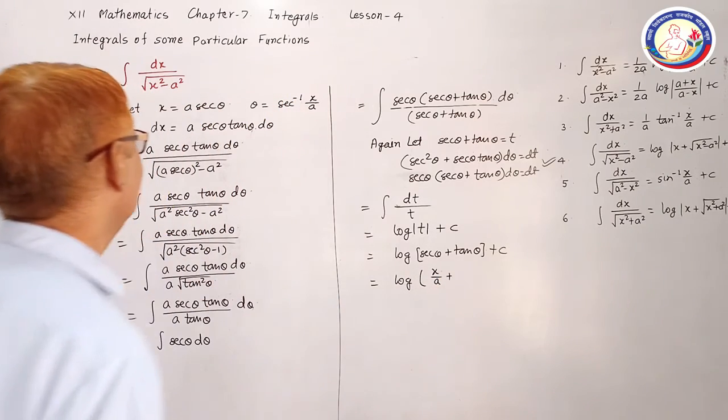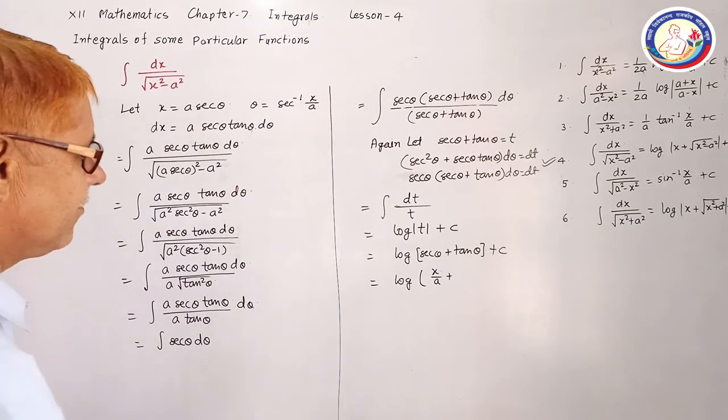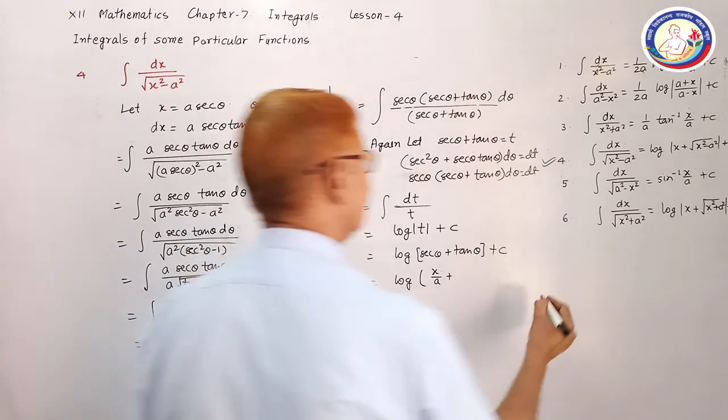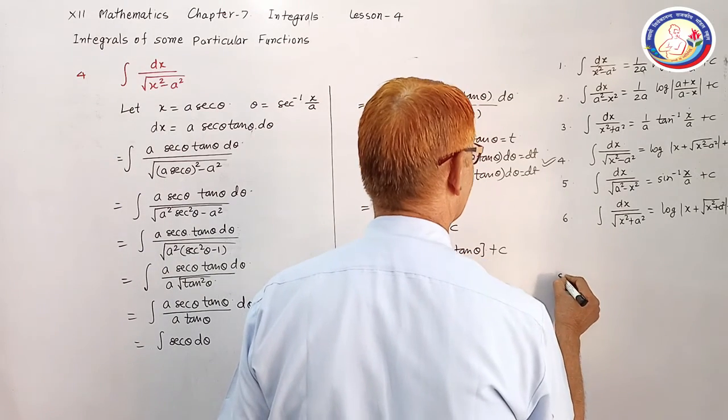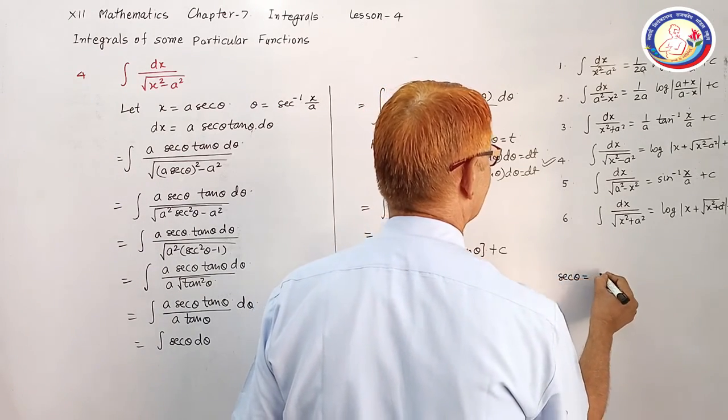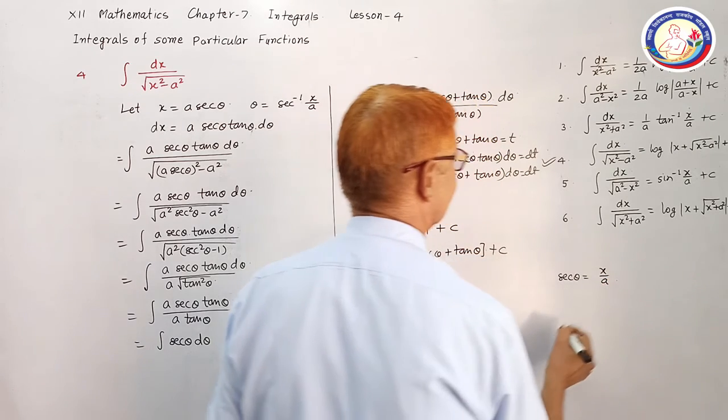What is tan theta? We can find it using trigonometrical formula. I am explaining it. Sec theta is equal to x by a.